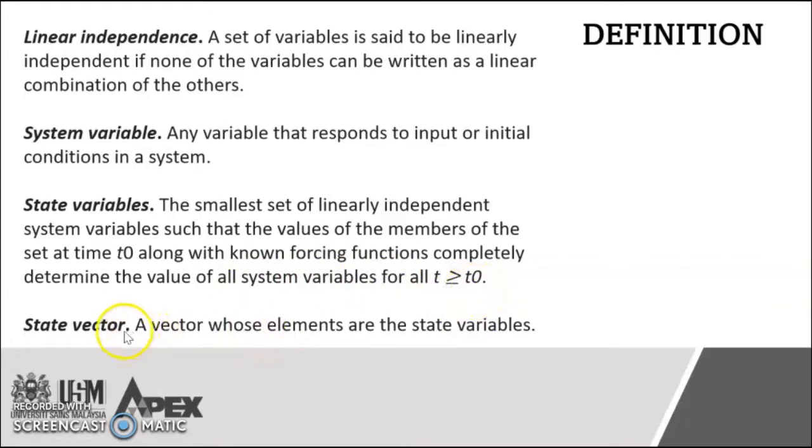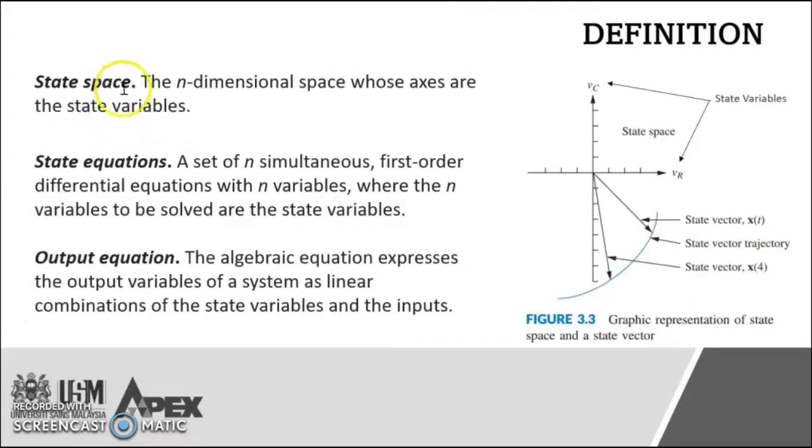And then there's also state vector, which is a vector whose elements are the state variables. So if I read from here, maybe you're not so clear what those are. So let's have a look at this page.